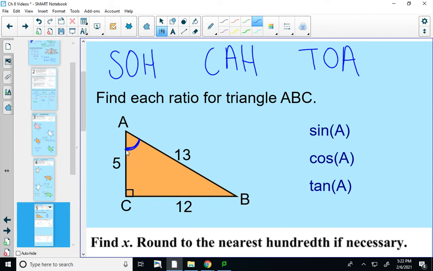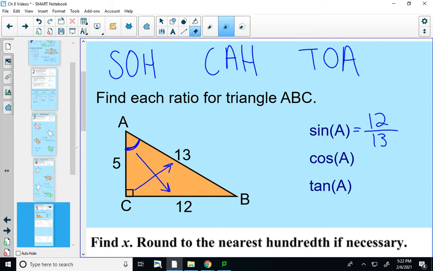So the side opposite angle A looks like is 12. And the hypotenuse is always going to be our longest side, the side across from the right angle. So 13. So in this triangle, sine of angle A is 12 divided by 13.